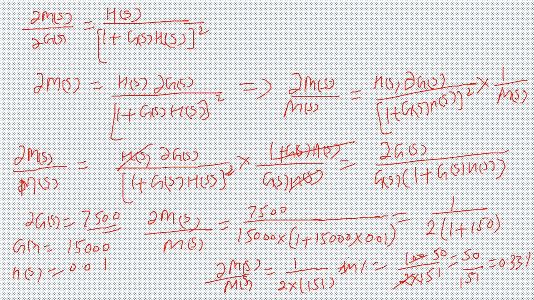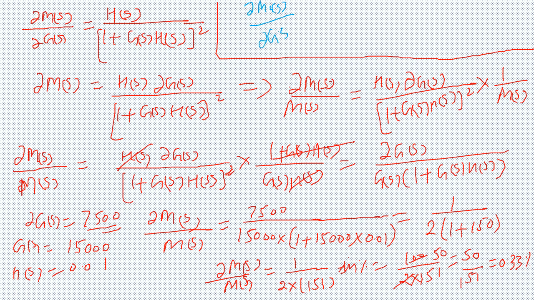So this is a way of solving this question. We first derived del M(s) over del G(s), the derivative of the transfer function with respect to G(s). Then we found del M(s) over M(s), because we need the change in the transfer function.